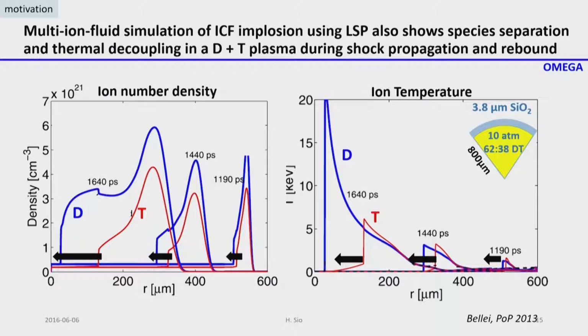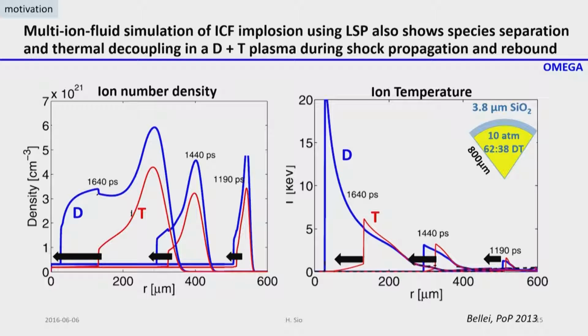If you want to get a visual feeling of what the actual effects of these non-hydro effects are, what we have here is a multi-ion fluid simulation of an ICF implosion using a PIC code that shows species separation and thermal decoupling of a DT plasma during shock, rebound, and convergence.